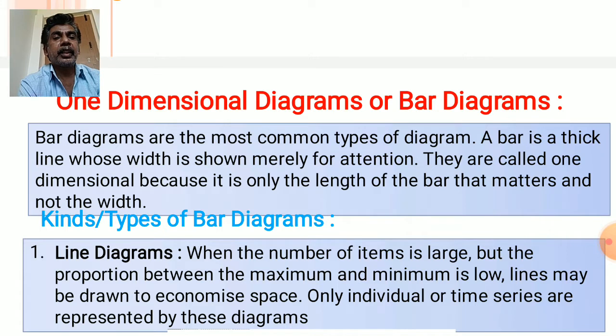In bar diagrams, a thick line is used to represent the data, and the width is shown merely for attention. Such a type of diagram is called a bar diagram. Here it is only the length of the bar that matters, not the width.